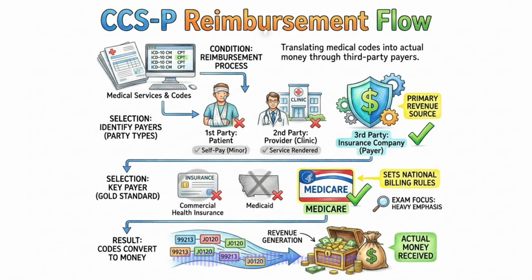The vast majority of a clinic's revenue comes from third-party payers, like commercial health insurance, Medicaid, and most importantly, Medicare. Because Medicare sets the gold standard for billing rules across the entire country, the certification exam focuses heavily on their specific reimbursement methodologies.